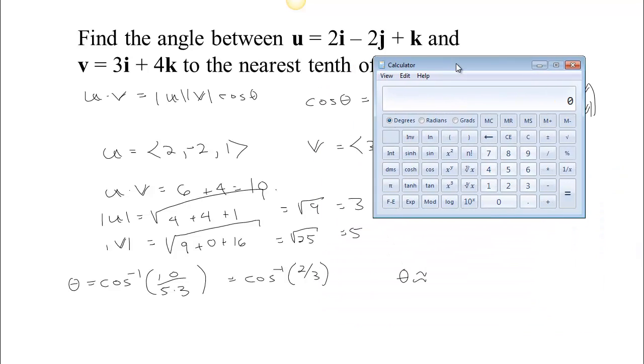Just grab our calculator. All we have to do is plug in 2 divided by 3, and then we'll do the inverse cosine of that. Oh, I'm in degree mode, so theta is about 48.19 degrees.